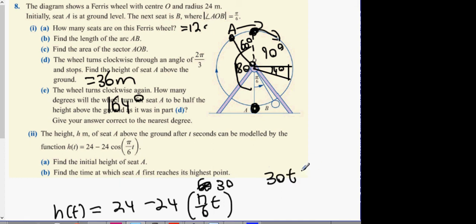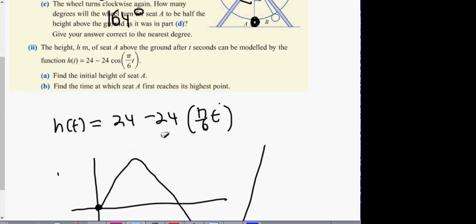Okay? So what's basically being asked is, this equation models it, okay? And for you to be at the maximum height, you would like this here to be 0. And that's cos.